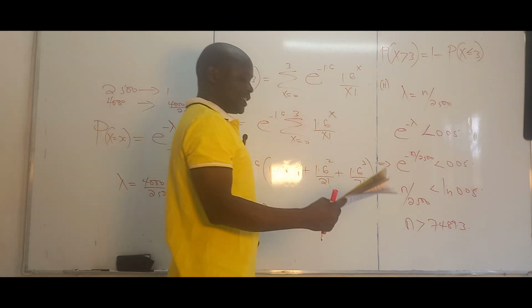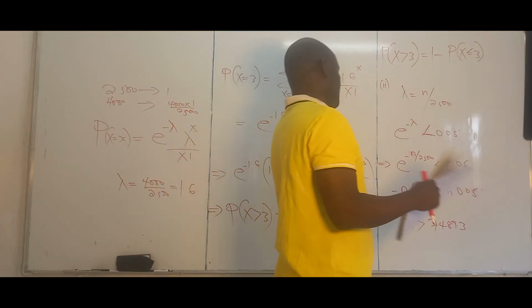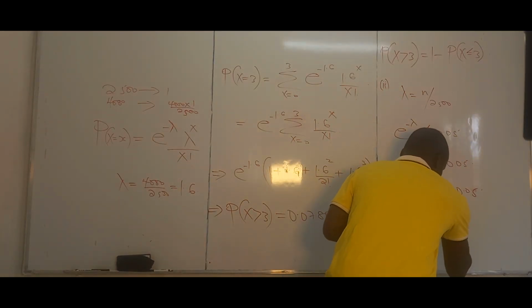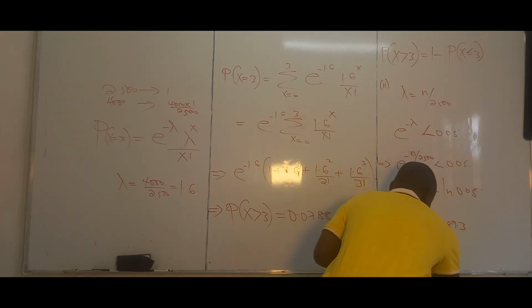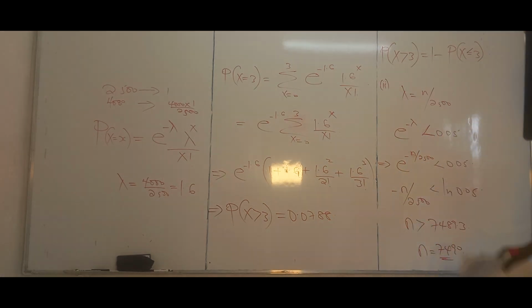But the question is asking us to find the smallest n. So the smallest value of n that we can get is 7490. And that is the value of n.